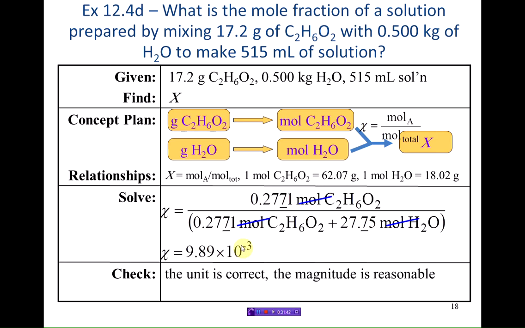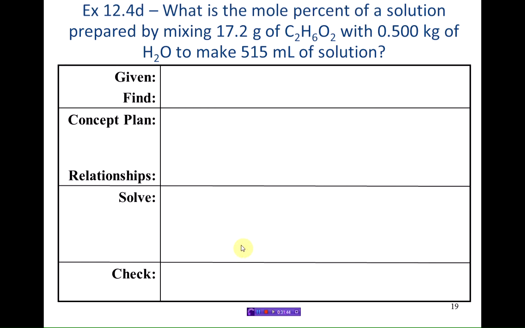Okay, another example using similar conditions, but now we're looking at the mole percent of a solution. Given the same amount, now we want to find the mole percent. So we do the same calculations as before, but we're just going to multiply it by 100%.